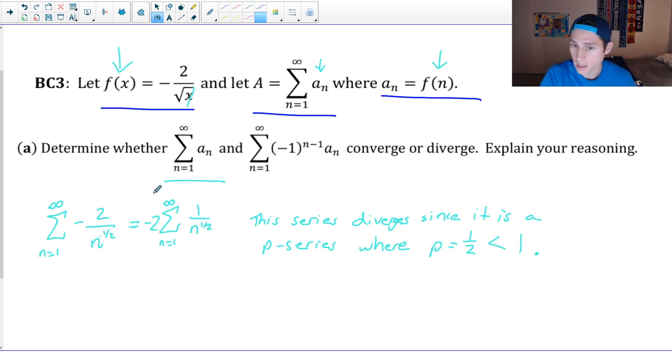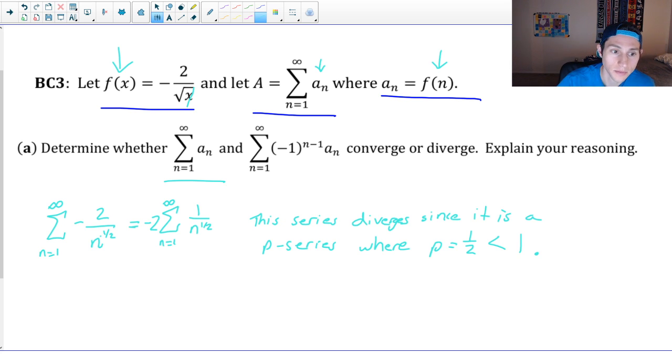Remember, when we're looking at p series to determine if it converges or diverges, a divergent p series is if this exponent is less than 1. Convergent is greater than 1. Like many of these things, they can go pretty quick as long as you can recognize, oh, hey, this is looking like a p series, and switch it around to put it in that correct form.